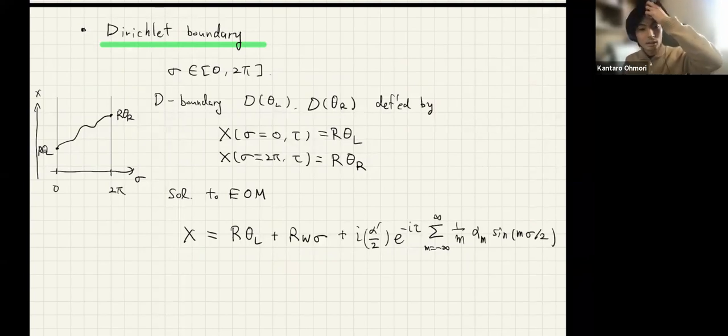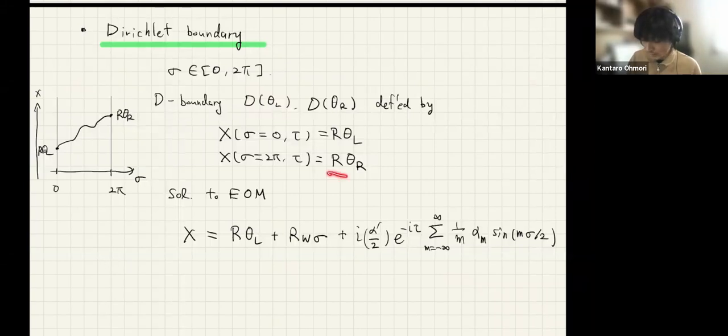It has to be sine because the two ends are fixed. So with this ansatz, this boundary condition is automatically satisfied.